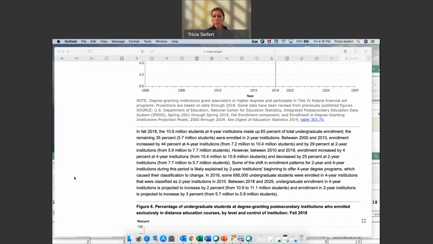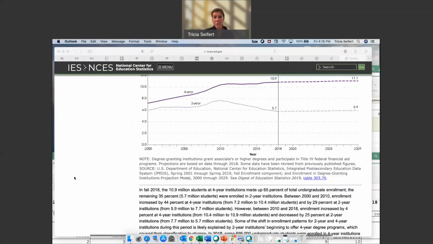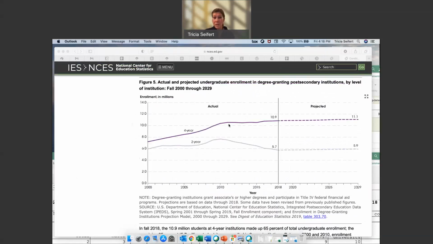Some of those 2-year colleges that had been on that trend up through 2010 all of a sudden became able to grant 4-year degrees, and thus they were reclassified. And so those millions of students are no longer in a 2-year college like Miami-Dade Community College, but are now counted in this 4-year number.